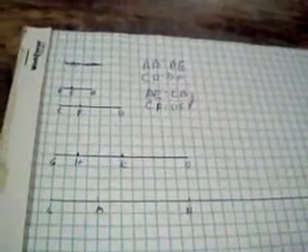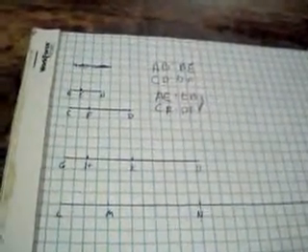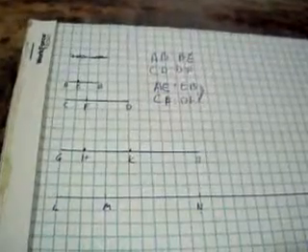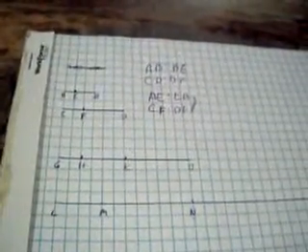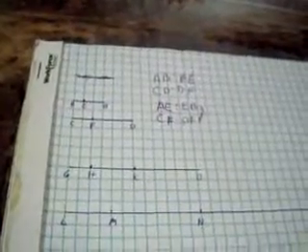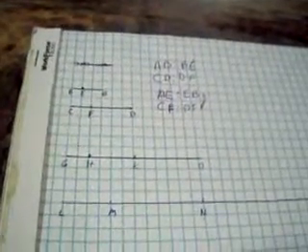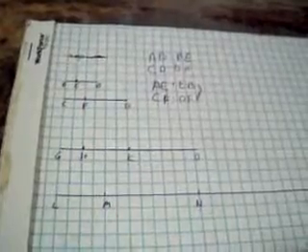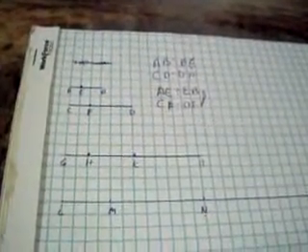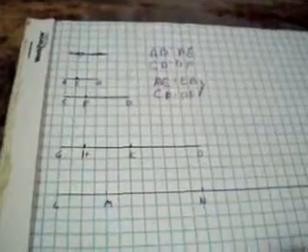Then, since GH is the same multiple of AE as HK is of EB, because we're saying that GH is twice the size of AE, and HK is twice the size of EB, therefore GH is the same multiple of AE as GK of AB.